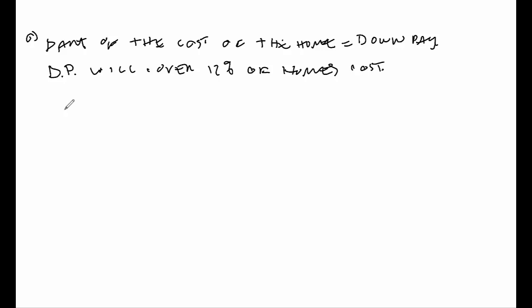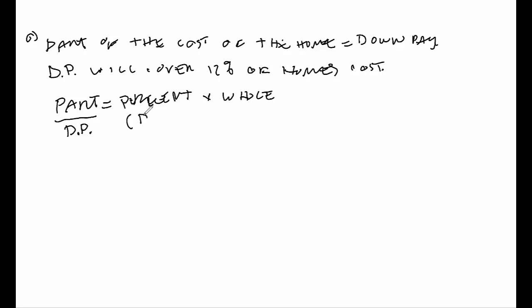So we saw earlier that the part was equal to the percent times the whole. In this case, the part is our down payment. Our percent, we convert into a decimal.